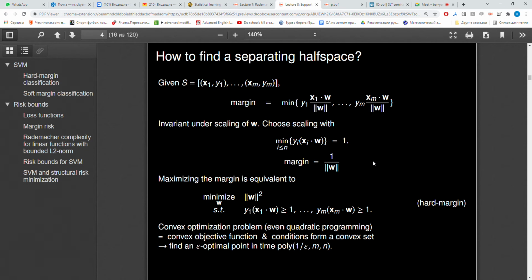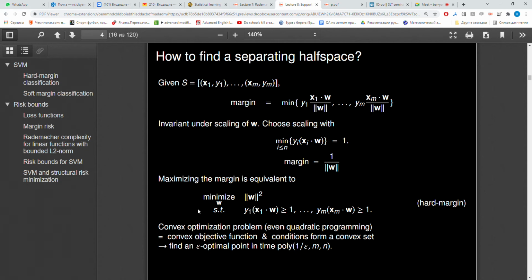Okay, so after that we want to find the minimum value of the square of the norm of the vector W, so that these inequalities hold. That means that our points are classified correctly.